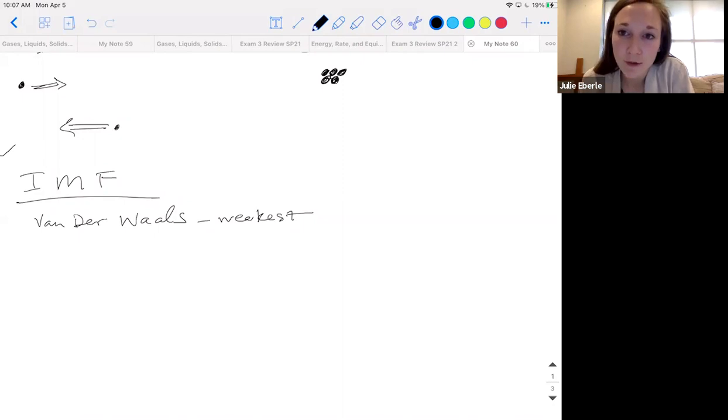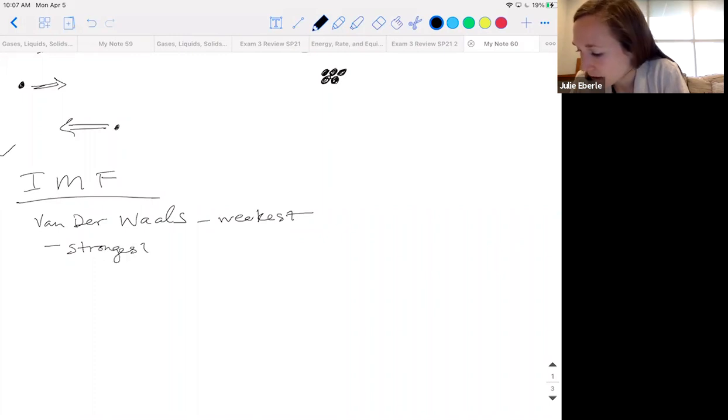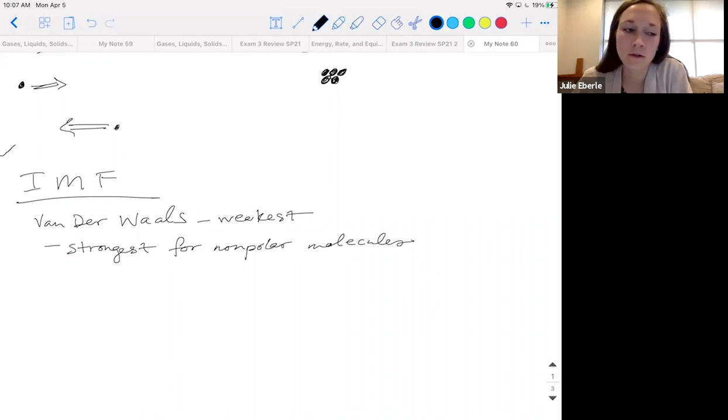For nonpolar molecules, van der Waals is the strongest. Okay, so these are the strongest forces for nonpolar molecules. And then if you're looking at a group of nonpolar molecules, we said molecules with larger surface area are going to experience more van der Waals forces.